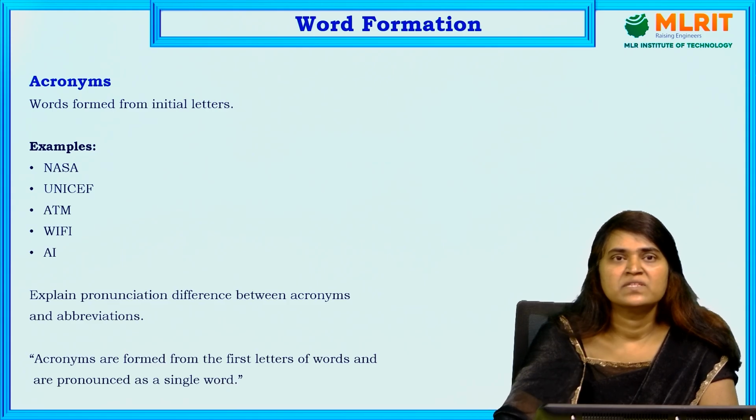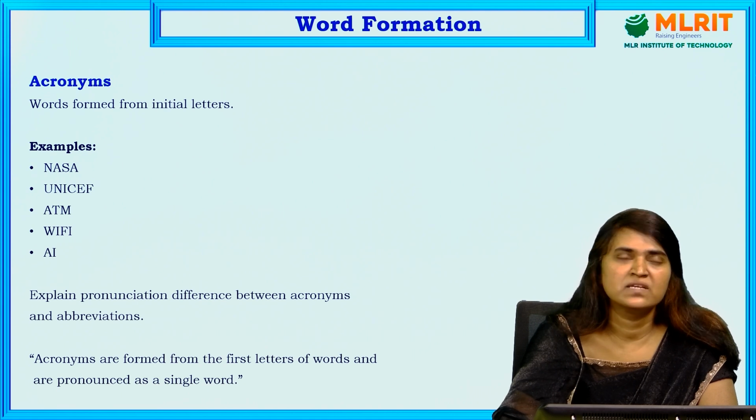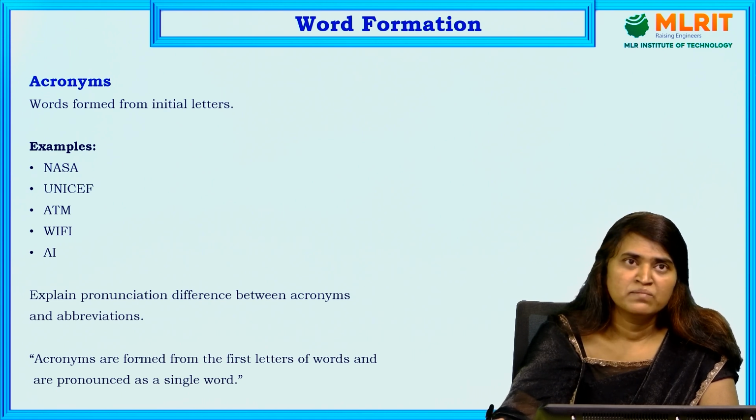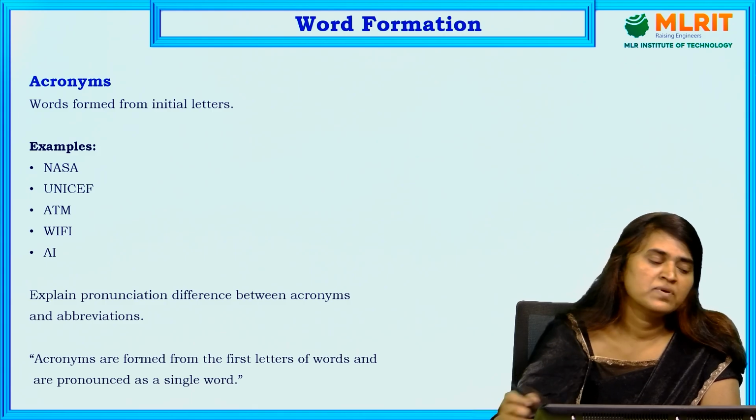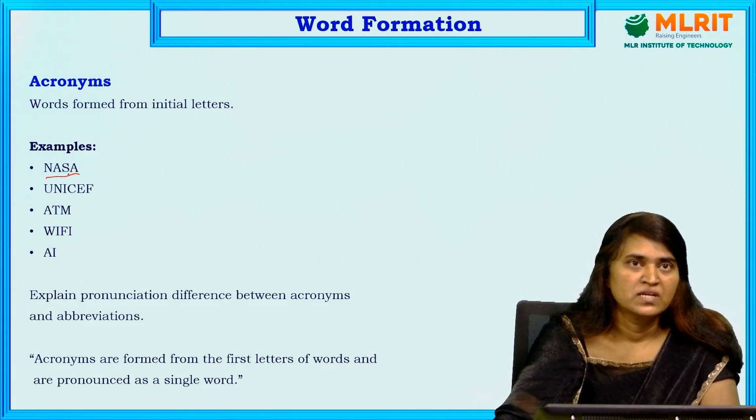So acronyms. Acronyms are formed from the first letters of words and are pronounced as a single word. So an acronym is a word formed from initial letters. For example, NASA. What is NASA? National Aeronautics and Space Administration.